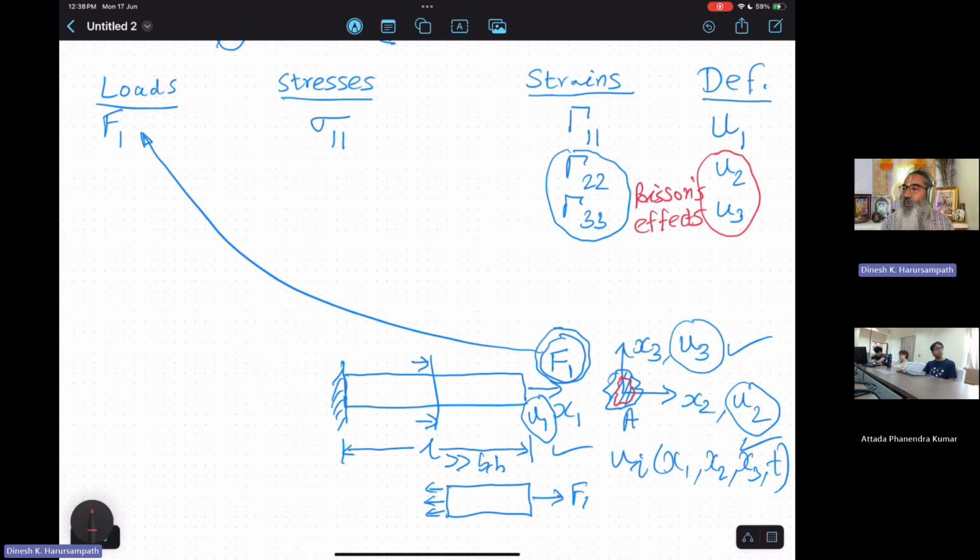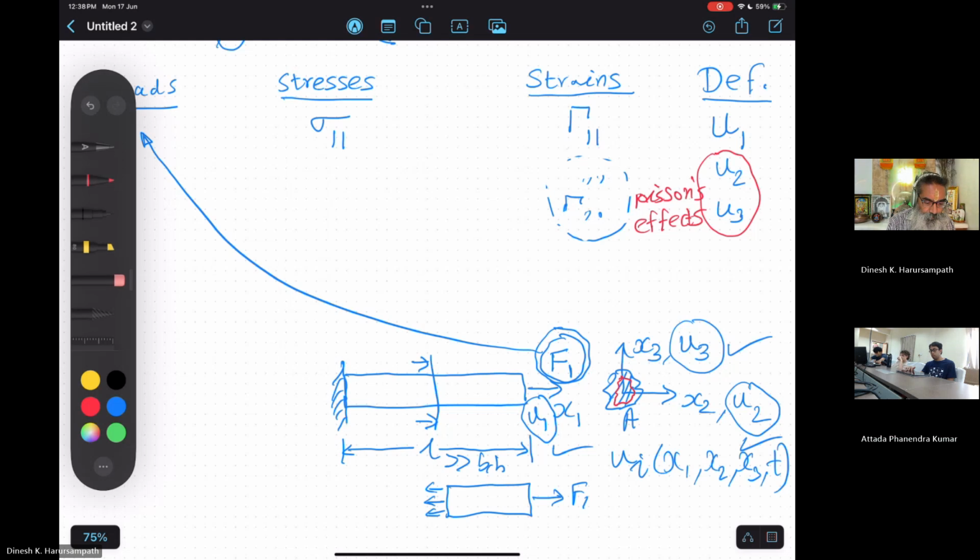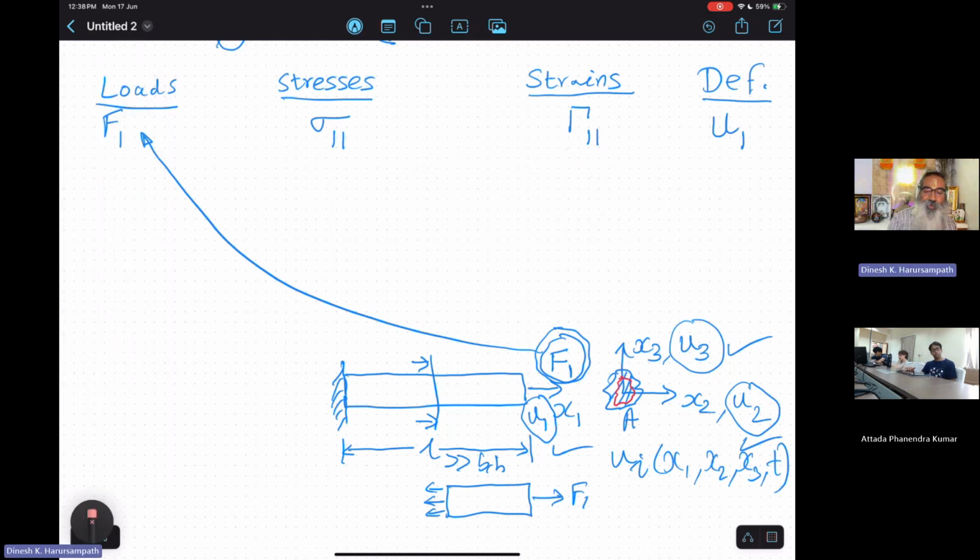We want to look at the major effects. So let's stick to just gamma 11 and U1 over there. And so we'll just have these four, right?